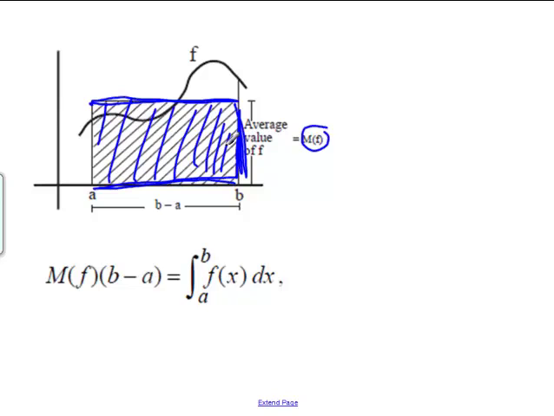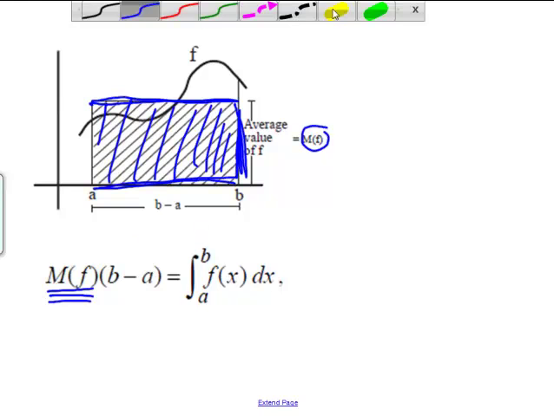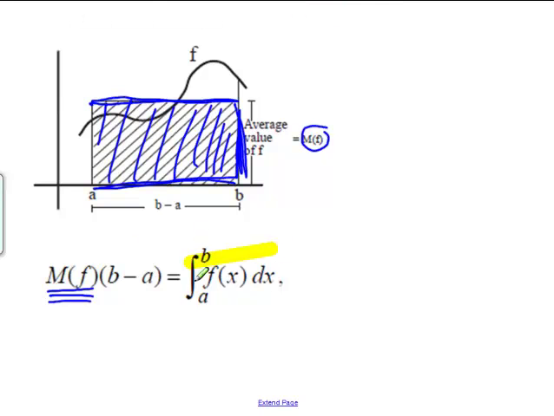What's significant about this average value is that if I multiply it by b minus a, that's going to be the exact same thing as the actual area underneath my curve throughout that same region.